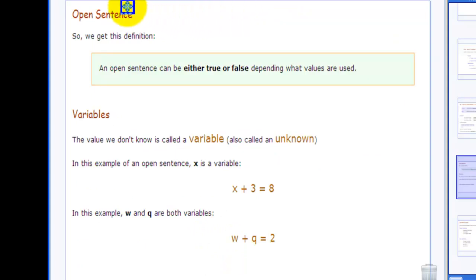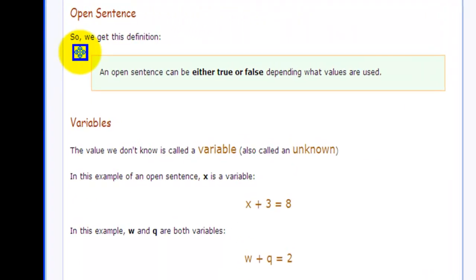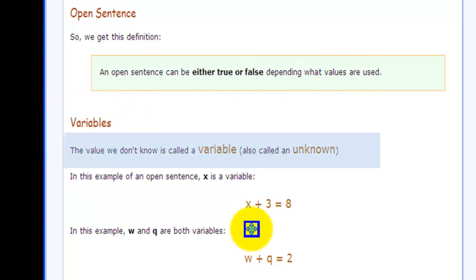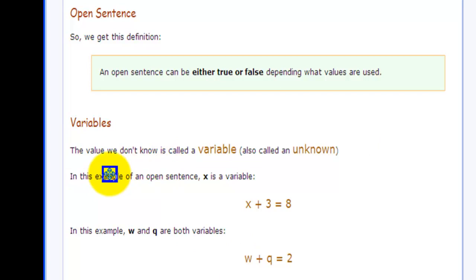Now, open sentences. Here's a good definition to refer to. An open sentence can either be true or false, depending on what values are used. Here's our variable. Remember, variables are the unknown, or the letters that we put in. The values we don't know are called variables.